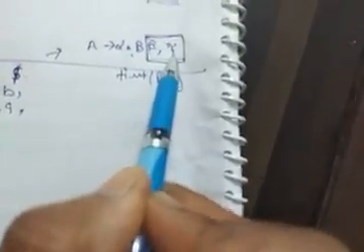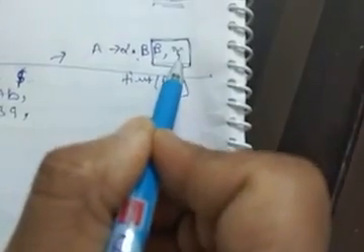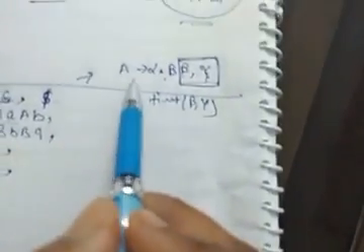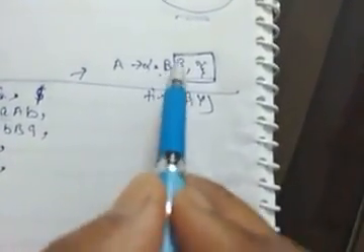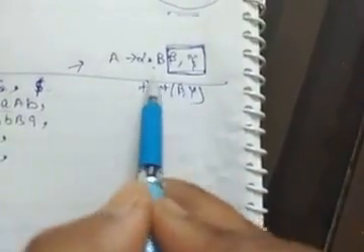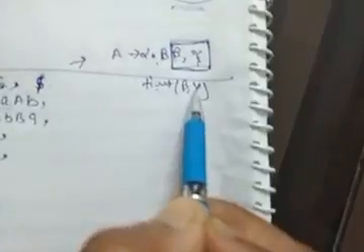We are not only concentrating on beta, but we also concentrate on gamma. That means if beta is empty, then it will depend upon gamma. So note down that the second element or the look ahead item will be found by first of beta gamma.